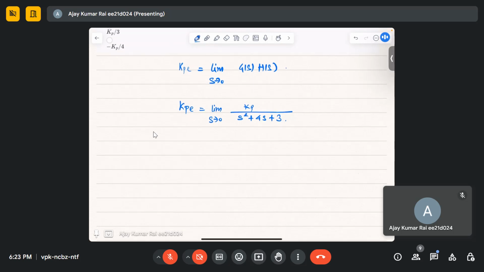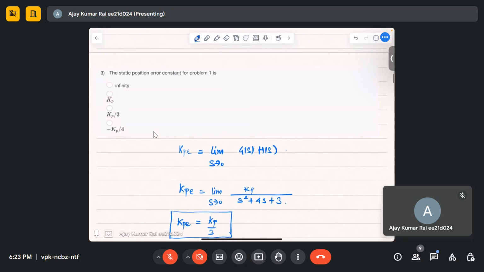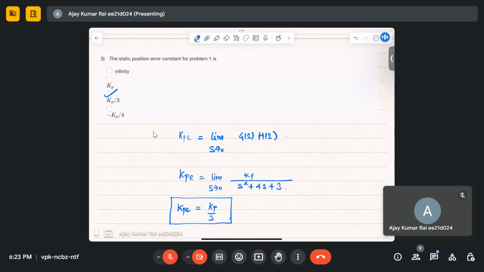If you apply the limit, what you will get? Kp by 3. This is very simple. Okay, so the third option is correct. So any question in this? I hope there is no question. You just have to apply the limit. That's it.